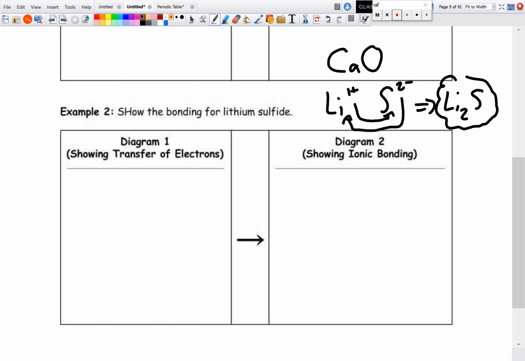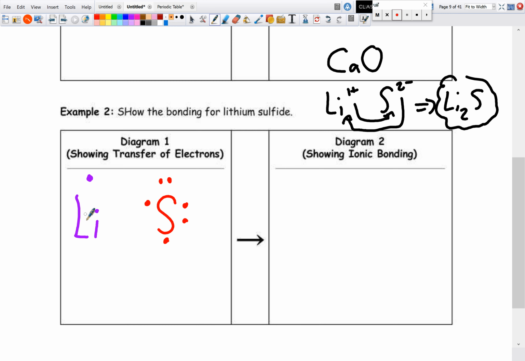So same thing, lithium. For our Lewis dot diagram for lithium, it is in group 1A, so it's Li with 1 electron. Now when we look at it pairing with sulfur, S, 1, 2, 3, 4, 5, and 6, because sulfur is in group 6A, so it has 6 electrons.